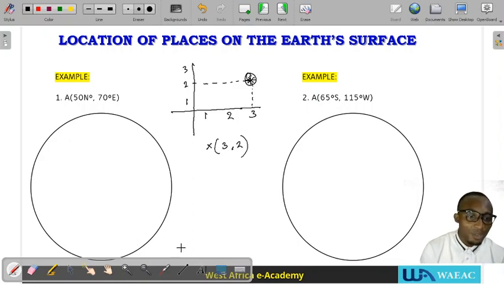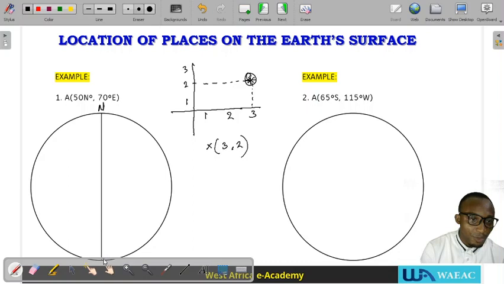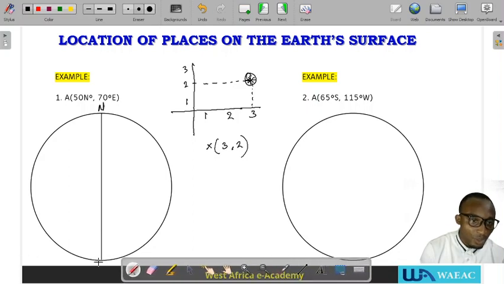The first thing we need to do is to draw our polar axis. Our polar axis is the line from north to south. Oh, sorry, I need to move this here to south. After that, I need to introduce another line, which is my west-east axis.